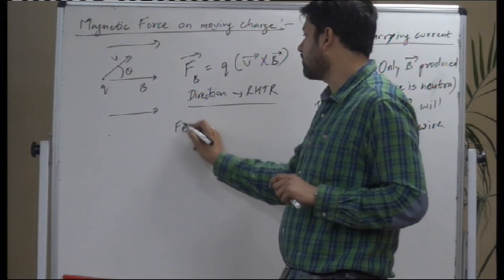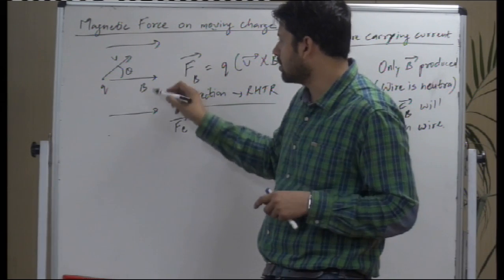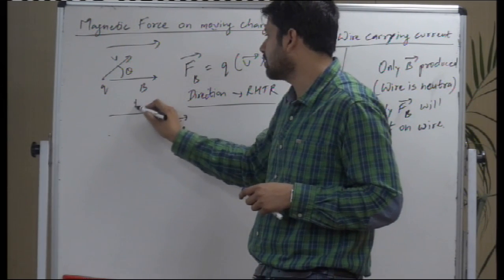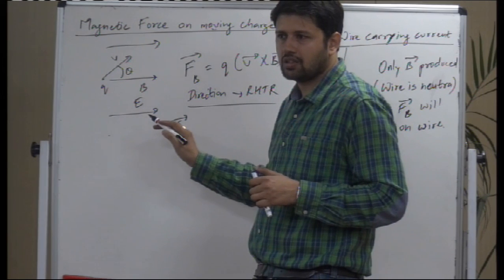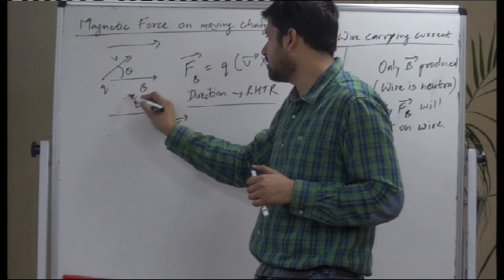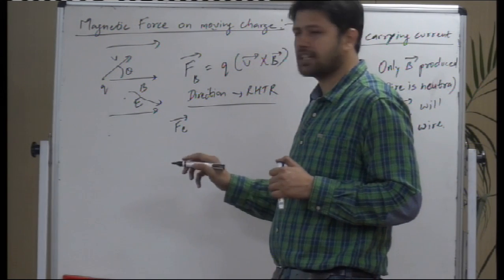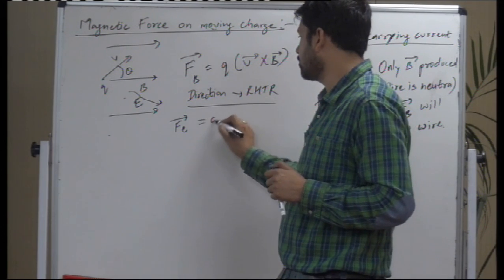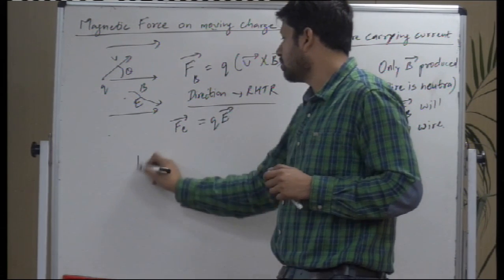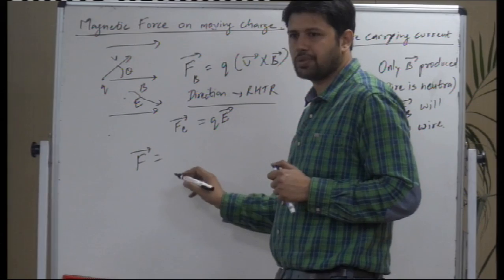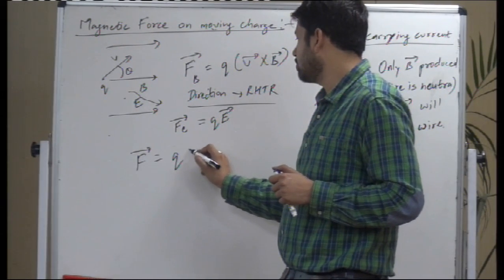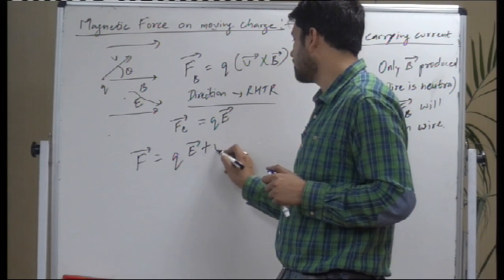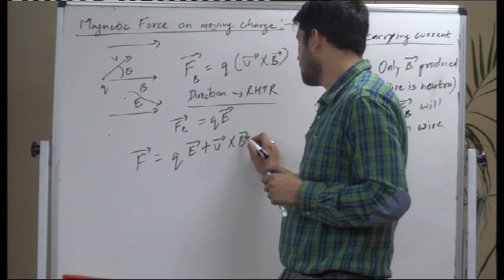If an electric field is also present, let's say at some random direction, then the electric force would be QE. The total force acting on the charge would be Q E vector plus Q V cross B vector.